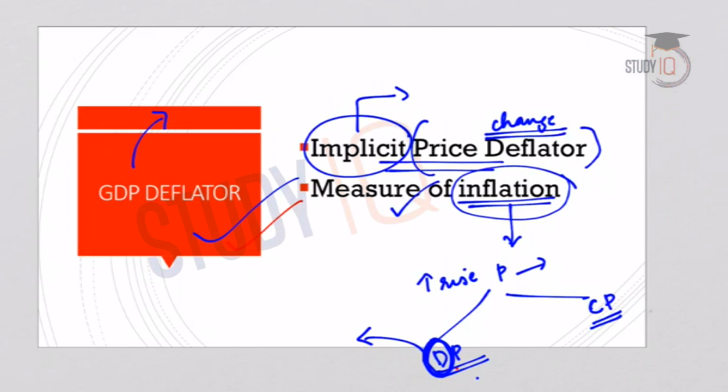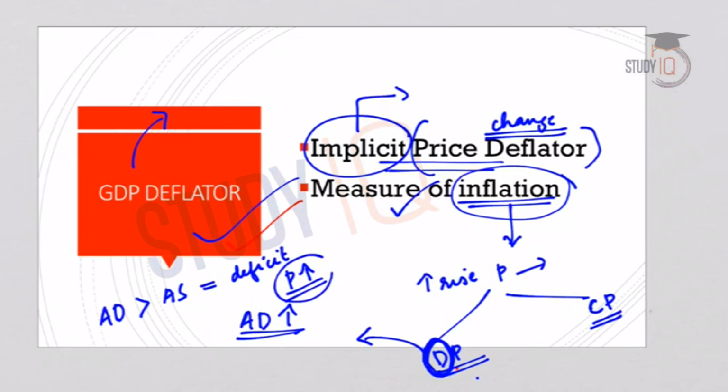Demand pull inflation is a type of inflation that happens usually because there is an increase in the aggregate demand. When the aggregate demand in the economy is more than aggregate supply, there will be a deficit of commodities. Suppose your demand is more than the supply or what is available. Therefore there is a deficit, and in that situation there will be a price rise, and this is called demand pull inflation.